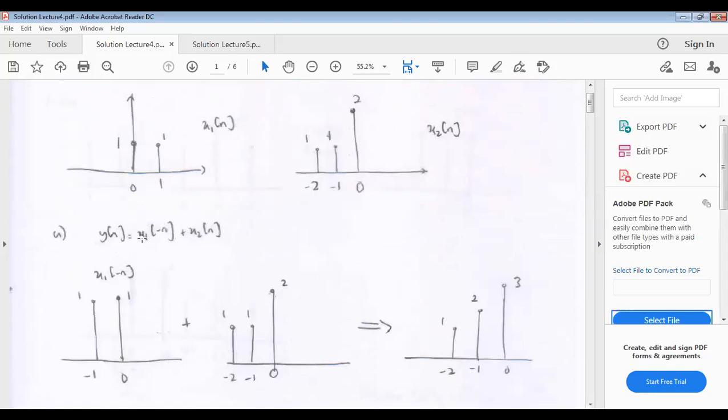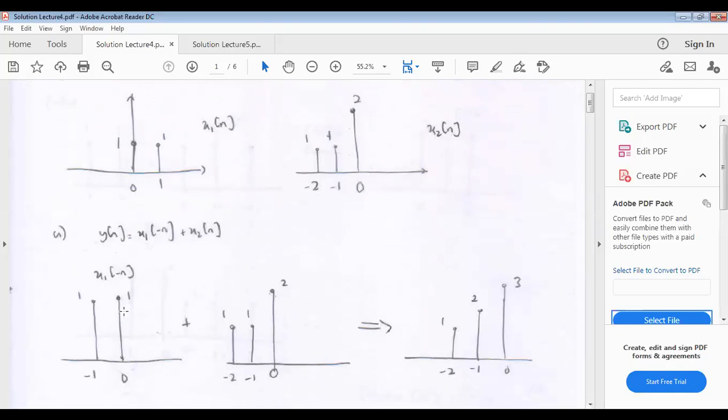Based on these terms, x1[-n] means x1[n] is said to be reversed. So the reversal of x1[n] will give us this, where the positive n shall be reversed to negative. That's why the location of your impulse is at -1.